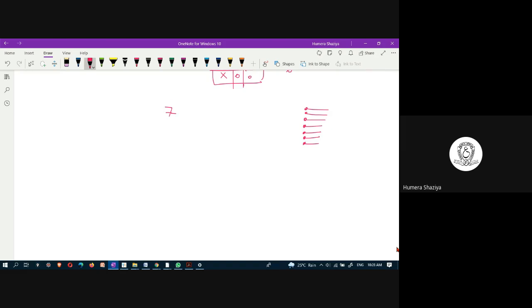The rule is that any player could choose a maximum of half of the matchsticks, not more than that, half or less. So what are the options? Will anyone tell me what the options are?